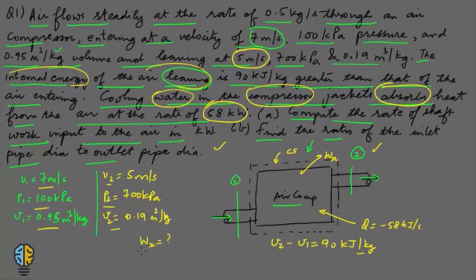Now we have to find out Wx. So what we will do, we will write down the steady flow energy equation because this is a steady flow process. And one more thing is given to you, the mass flow rate, that is m dot. So m dot is 0.5 kg per second.